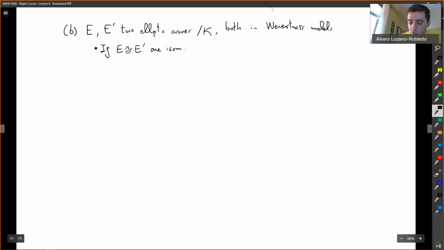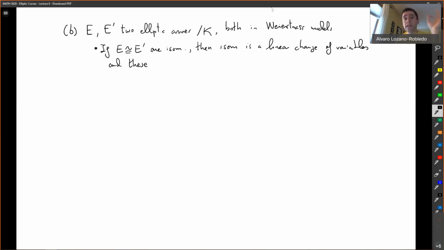And if they are isomorphic, then the isomorphism is one of the changes of variables we have discussed before, one of those linear changes of variables, because we proved using Riemann-Roch that they have to be linear.